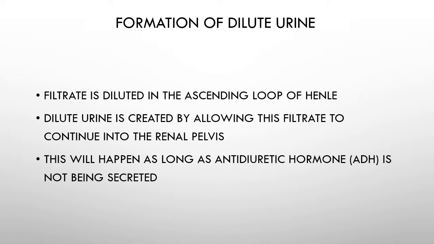And so if we have a situation here where we're creating this dilute urine, one of the factors that's going to play a role in that is antidiuretic hormone. And so antidiuretic, antidiuresis, and so against creating water for urine that's there, when we have ADH being expressed, that ADH is going to cause more of a concentrated urine rather than a dilute urine.